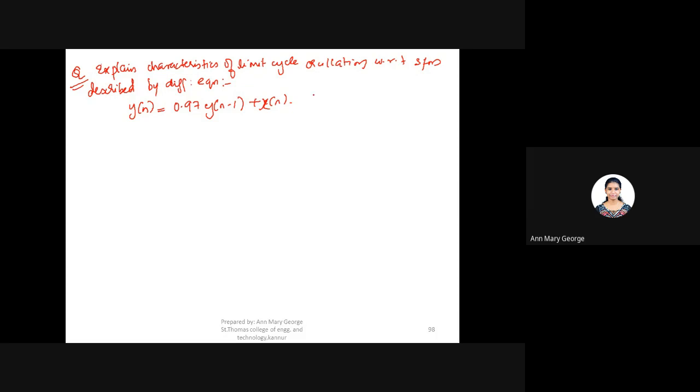And you have to determine the dead band of the filter.